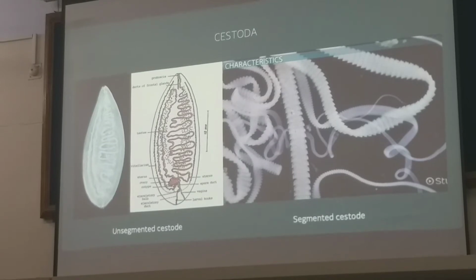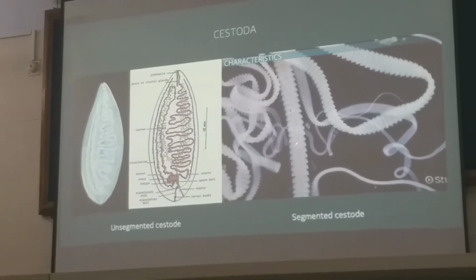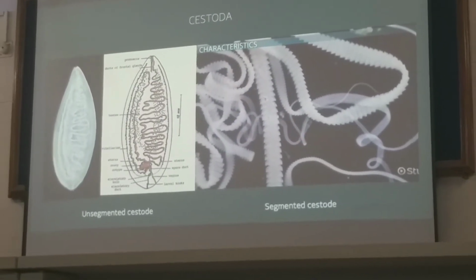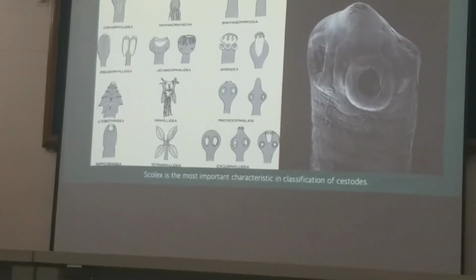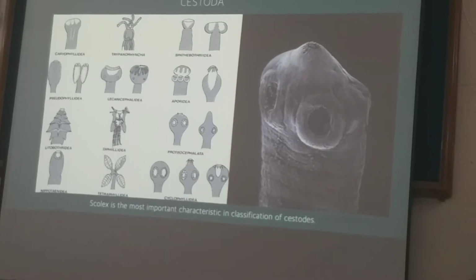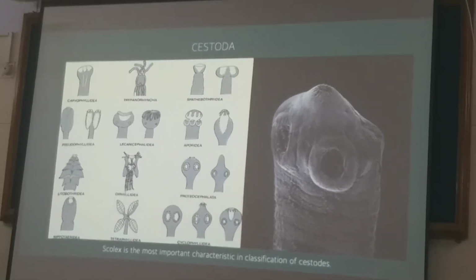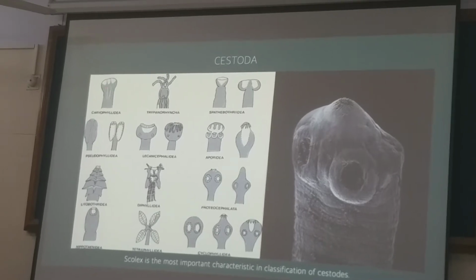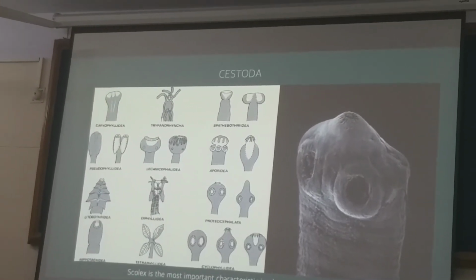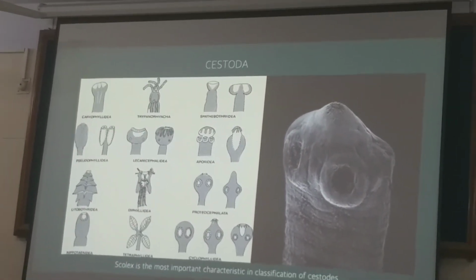And another thing is the very typical form of the cestode, which means they are segmented in their body. So here, this is the scolex of the cestode. Here you can differentiate it first as a scolex.